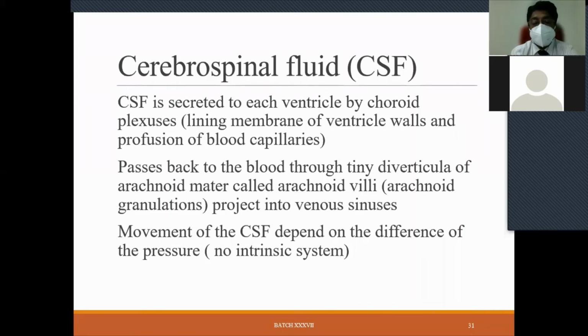But in the cerebrospinal fluid system there is no such pumping action. The movement depends on differences of pressure in the body.